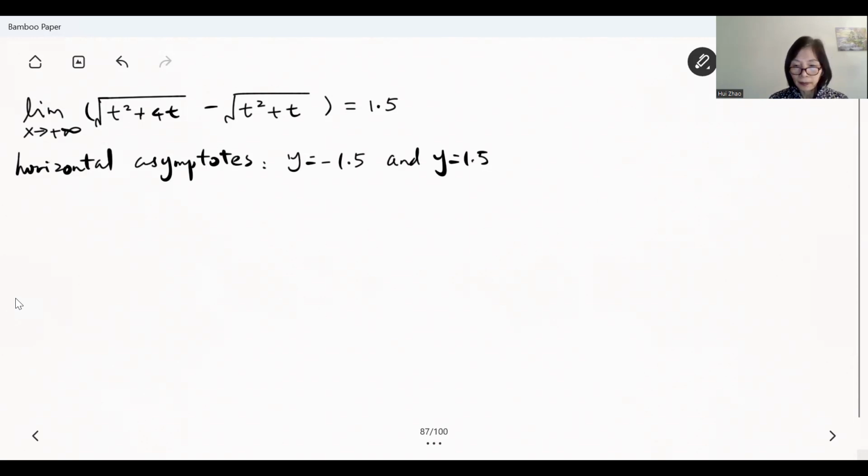And next we sketch. The end point for the right side is (0, 0), and the left side is (-4, -3.5), right?